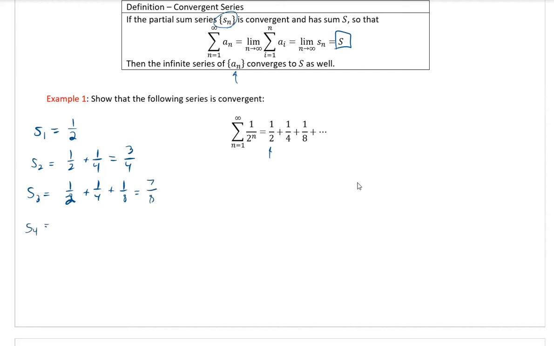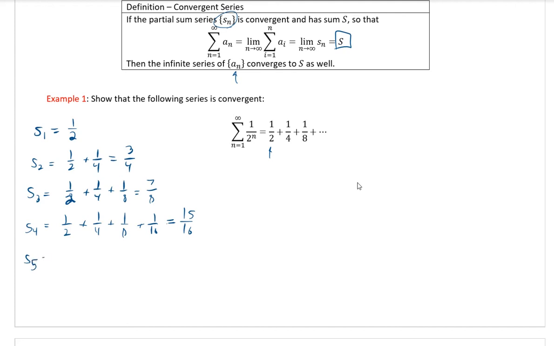Then I can keep going like this. Let's do at least two more. S4 is 1/2 plus 1/4 plus 1/8 plus 1/16. That gives me 8/16, 4/16, 2/16, and 1/16. If I add 8, 4, 2, and 1, I should get 15/16.